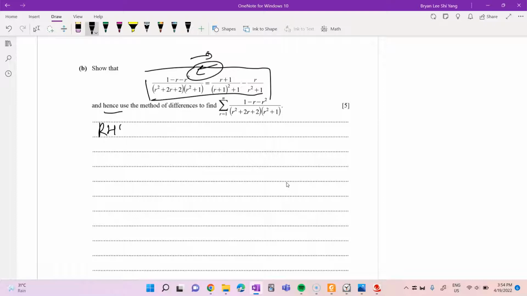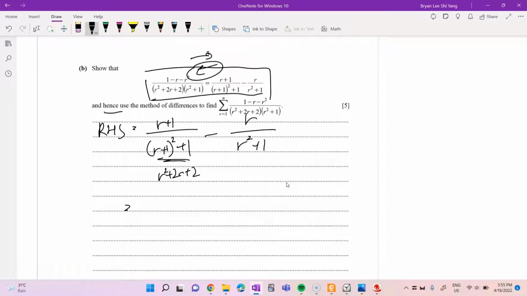So I'll just write RHS equals r plus 1 over r plus 1 squared plus 1 minus r over r squared plus 1. This whole thing is obviously r squared plus 2r plus 2.